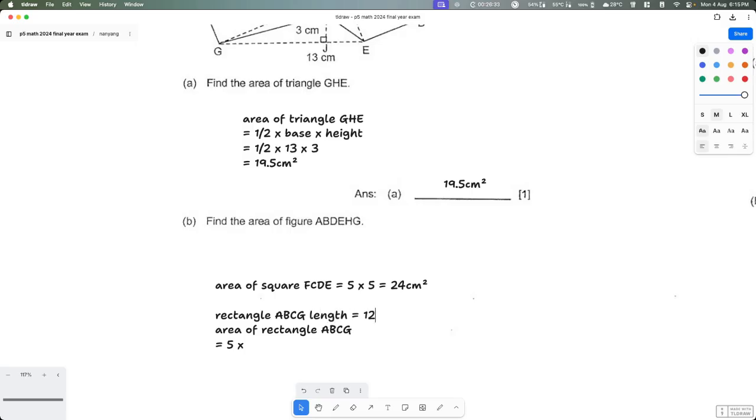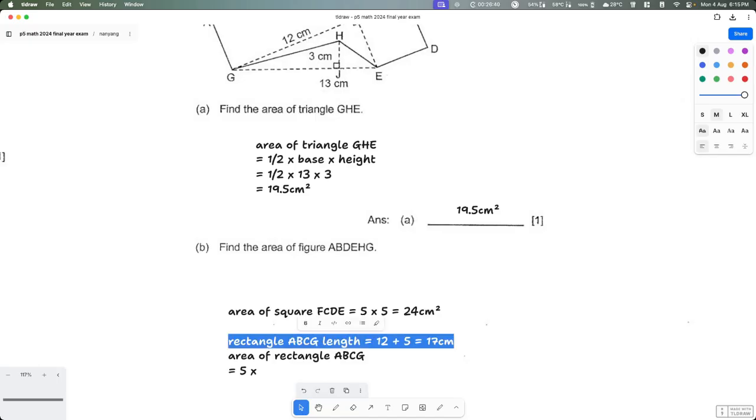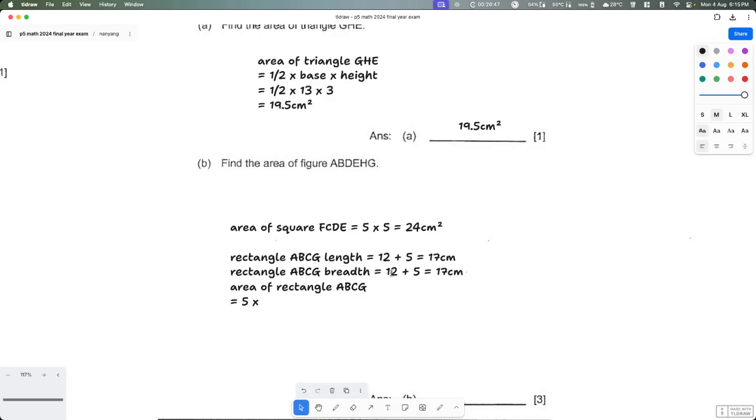Length is equal to 12 plus 5, which is 17 centimeter, and the breadth is 5 centimeters in this case over here. So area is basically length times breadth, which is equal to 17 times 5, and this will give us 85 centimeters square. Okay, so there you go.